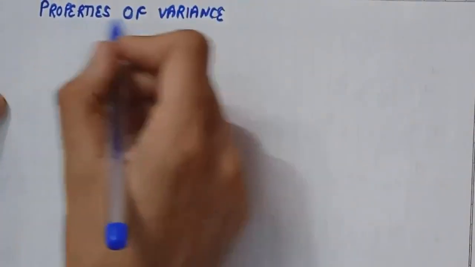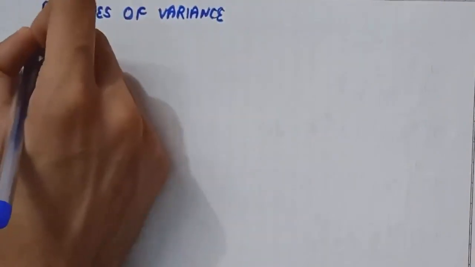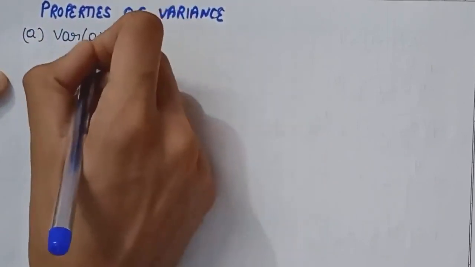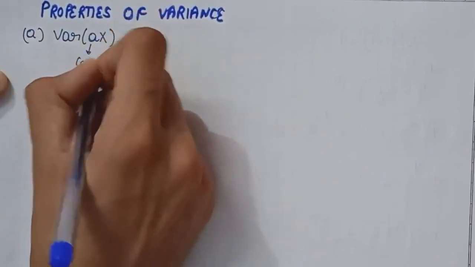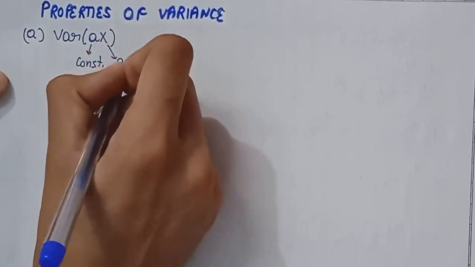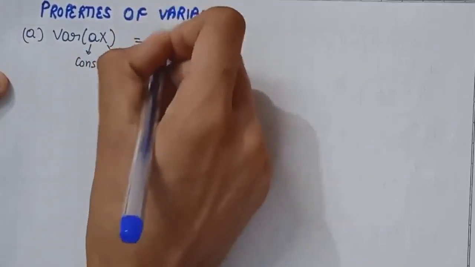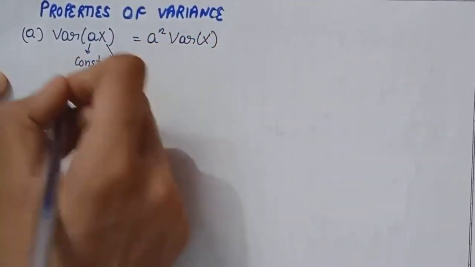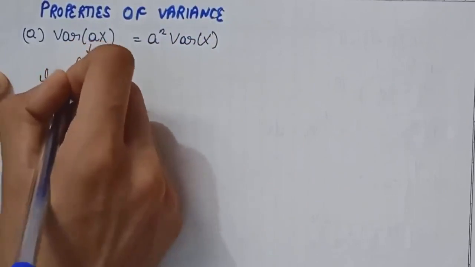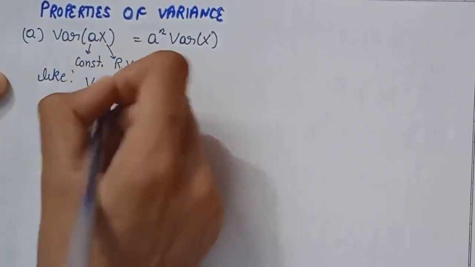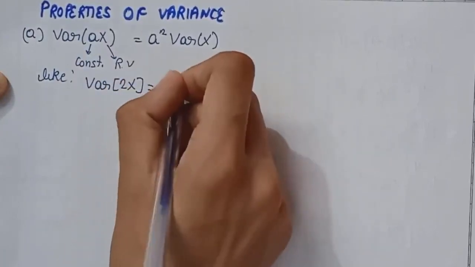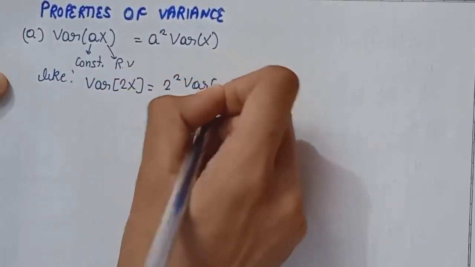Now let us see properties of variance. The first property of variance is variance of AX, where A is a constant and X is a random variable, is equal to A square into variance of X. Like in the previous example, if someone asks you variance of 2x, then it will be equal to 2 square into variance of x.